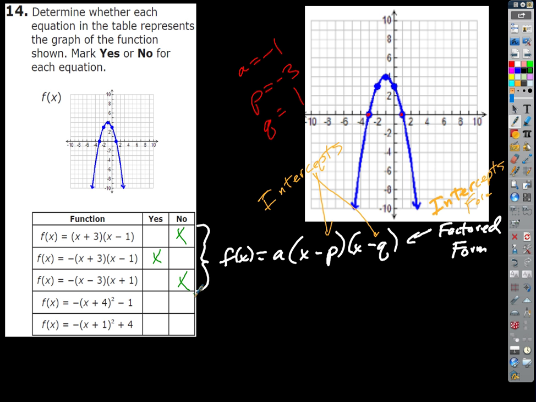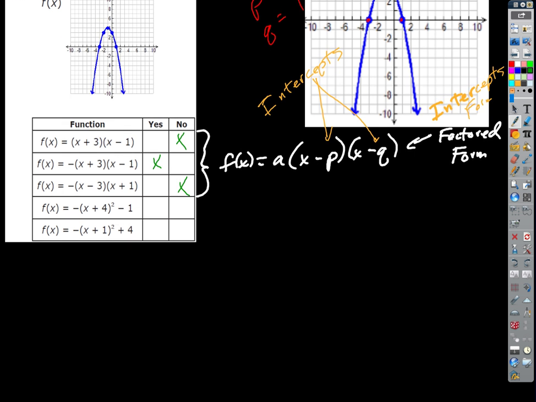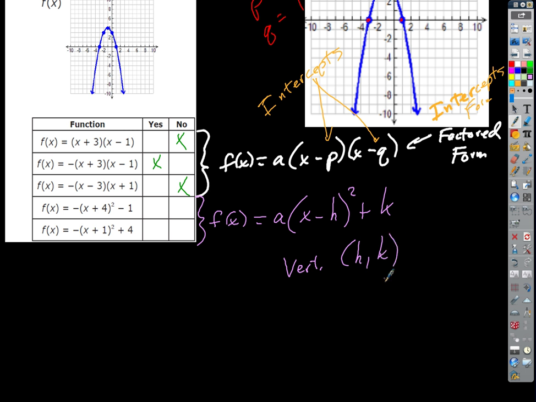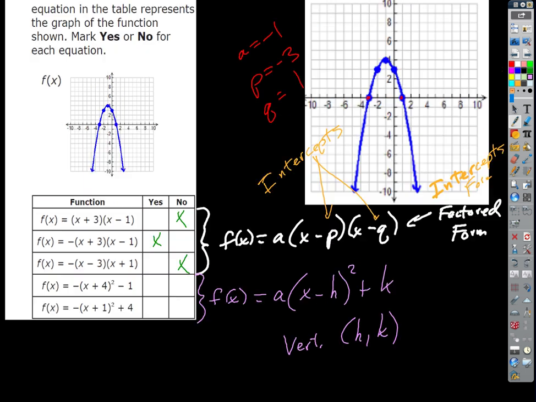Now what about the other forms down here? Those are vertex forms. Vertex form is A times x minus h squared plus k, and the important thing is that the vertex has coordinates (h, k). What are the coordinates of the vertex here?